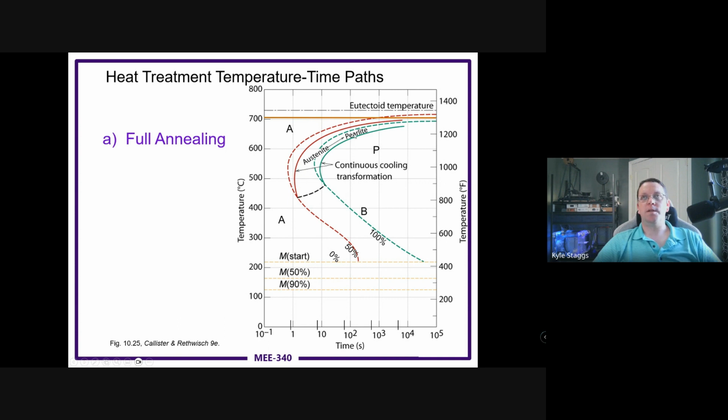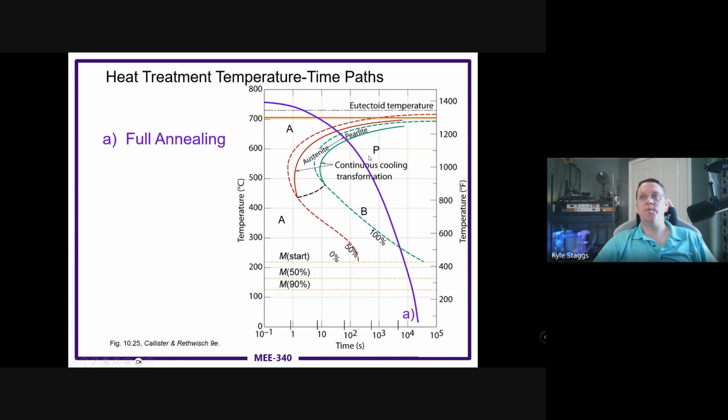Between austenite and pearlite there's a transition. So a full annealing process looks something like this, where it cools in temperature. This is temperature versus time. So it's not temperature versus percent carbon composition. That's really important.